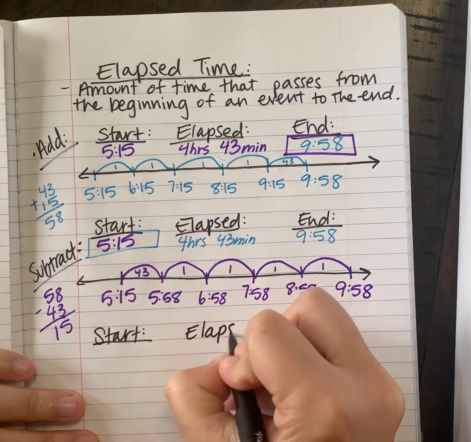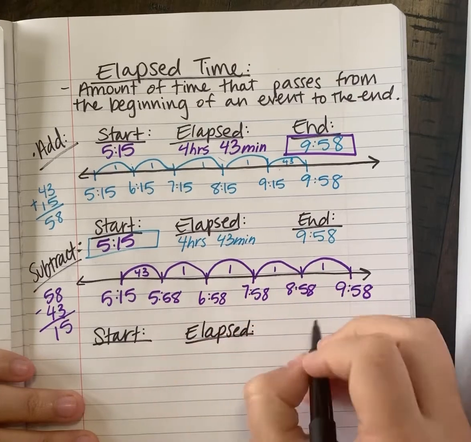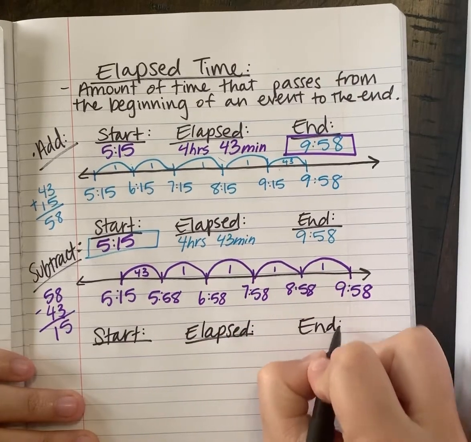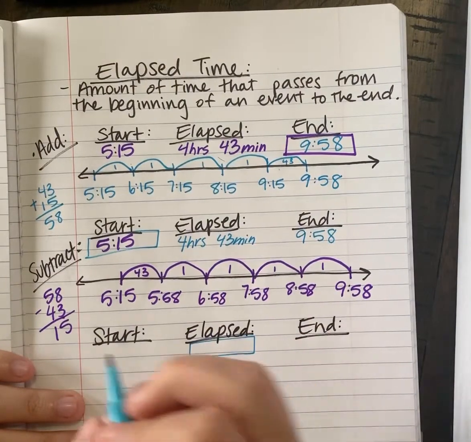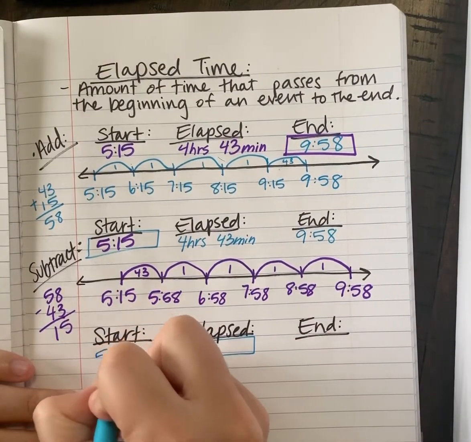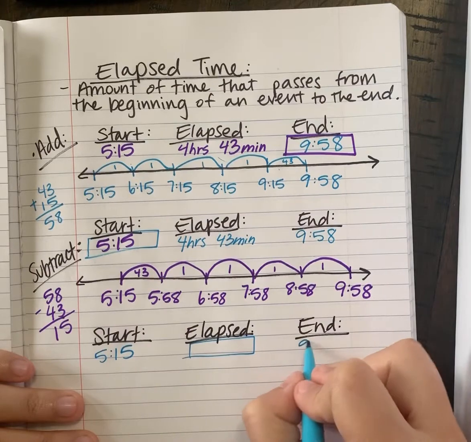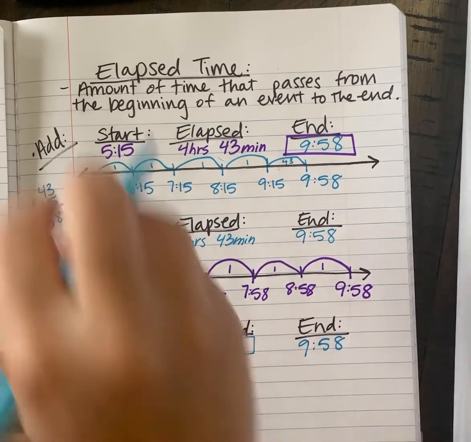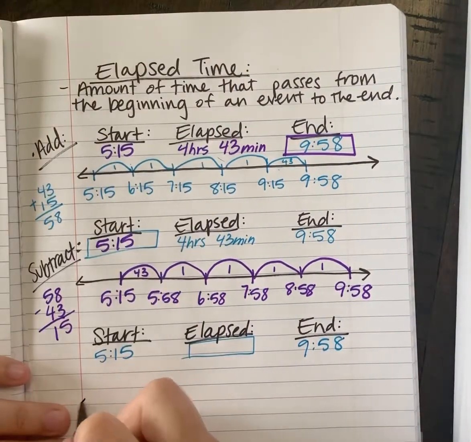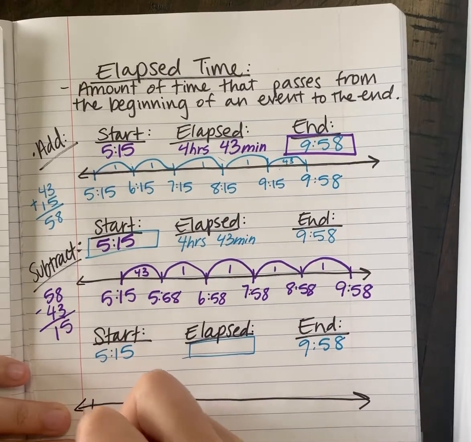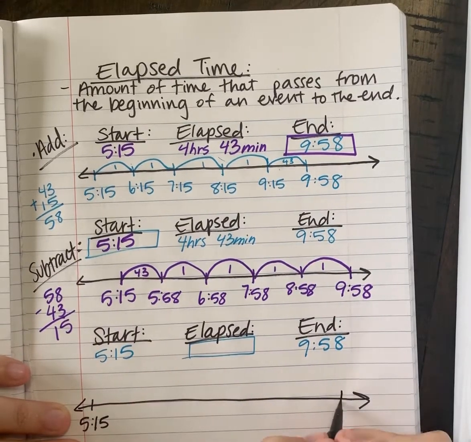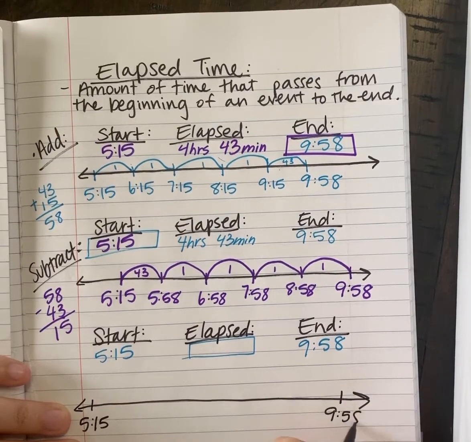You are trying to figure out the elapsed time. So our missing information is here. Our start time is 5:15. Our end time is 9:58. We've got our number line.